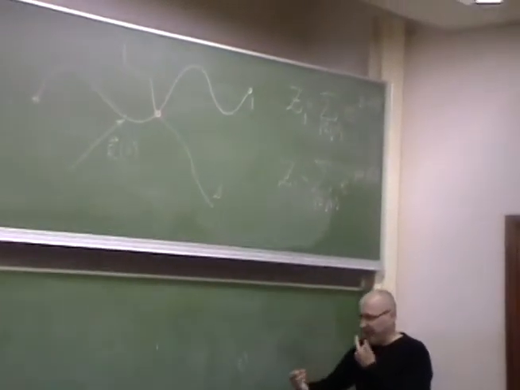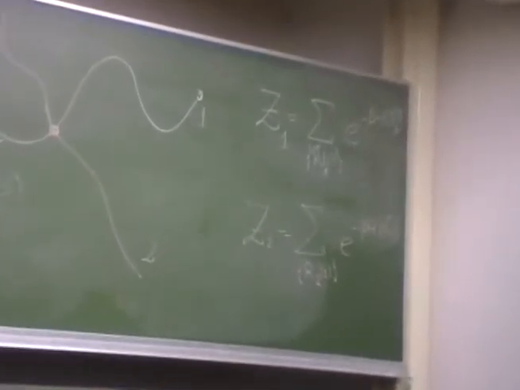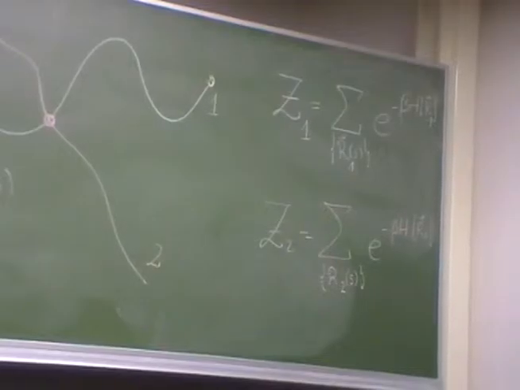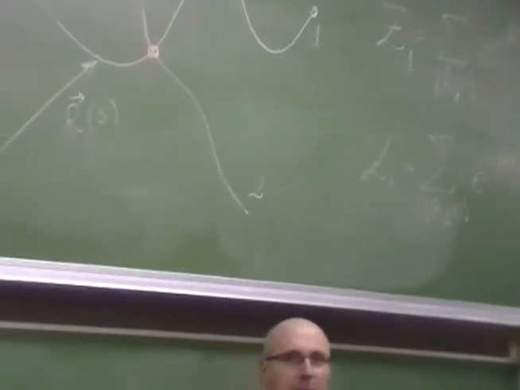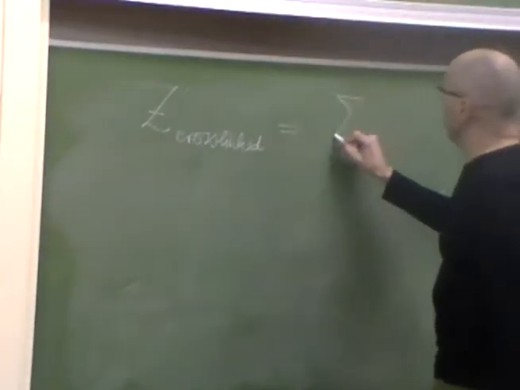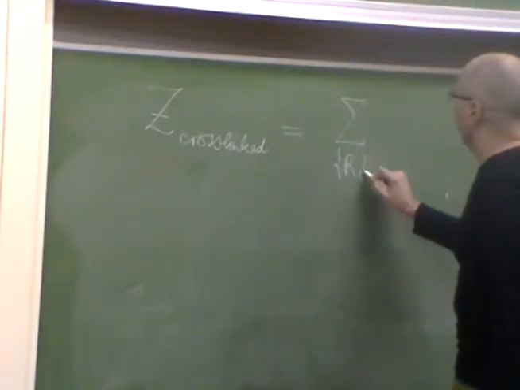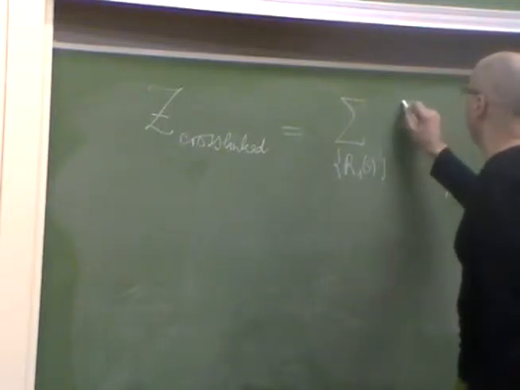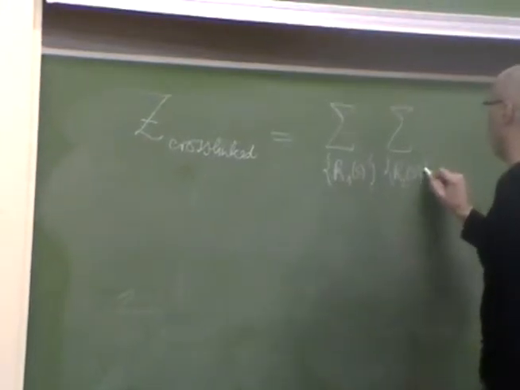How is the partition function for this combined and cross-linked system going to look? Okay. So the cross-linked system consists of both chains. So we need to sum over the configurations associated with the first chain, and we need to sum over all of the configurations associated with the second chain.